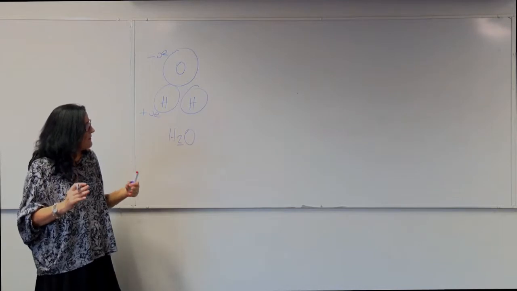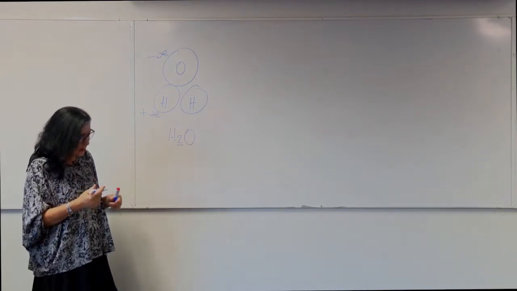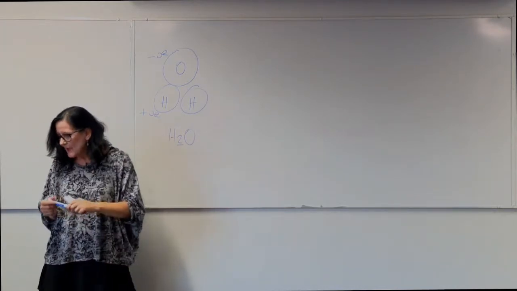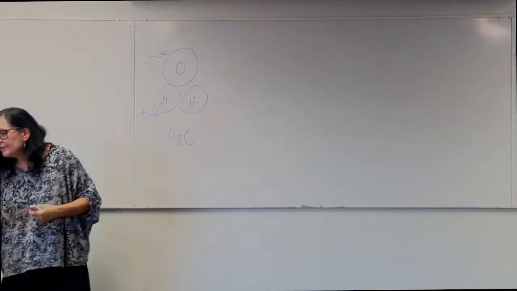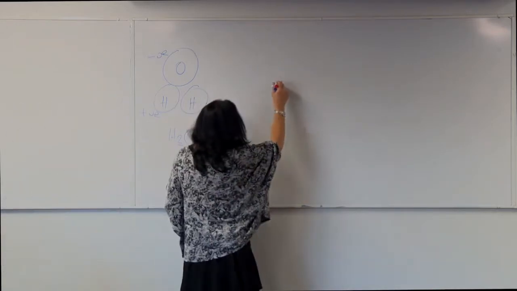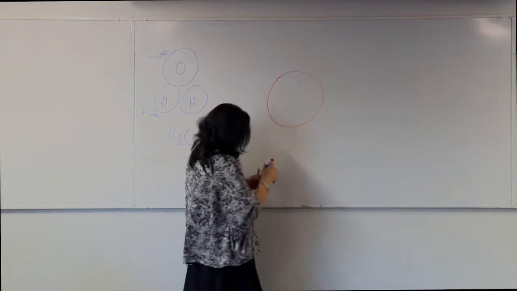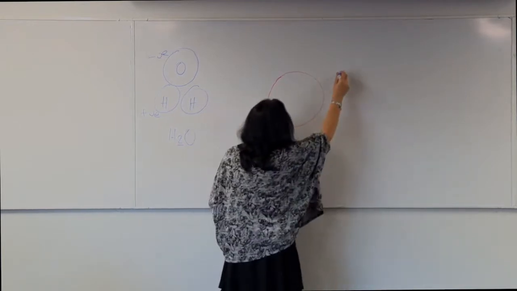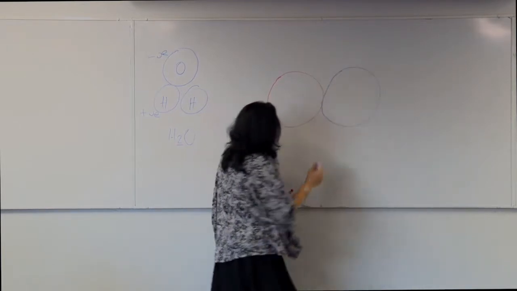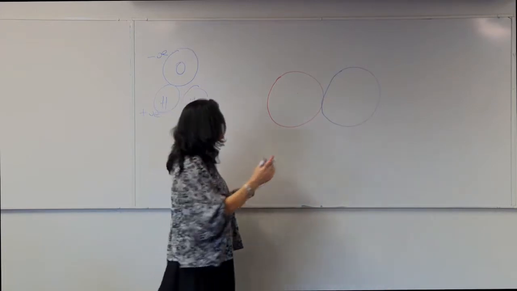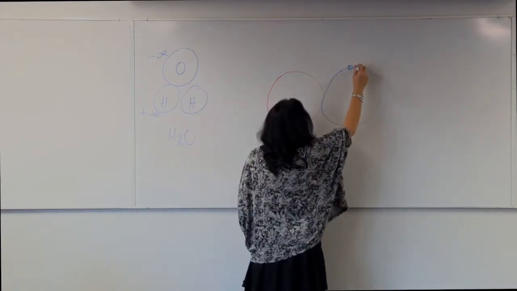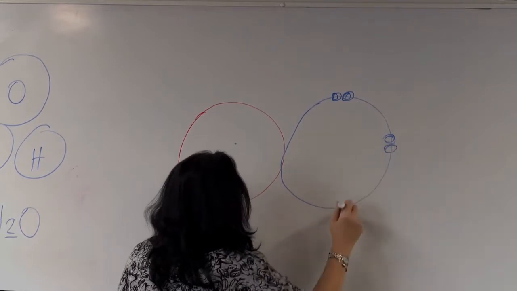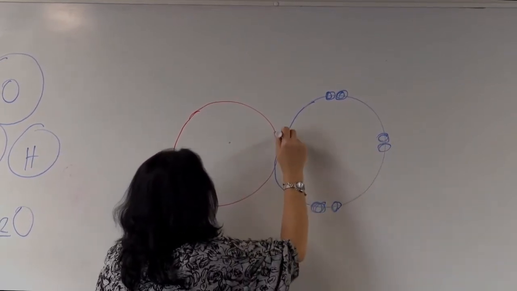In terms of NaCl, what we have is Na and Cl. We'll make them different colours so it's nice and clear. Cl, Cl. There we go, nice little electrons.